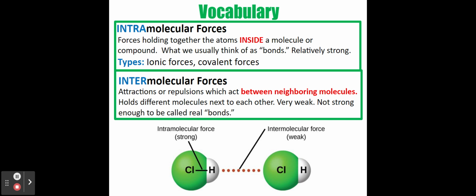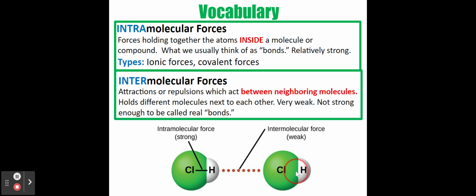So in the bottom here of the slide, we have our two hydrogen chlorides, or HCl molecules. The covalent bond that's holding the hydrogen and chlorine together, that's your covalent bond, and also the covalent bond holding these together.